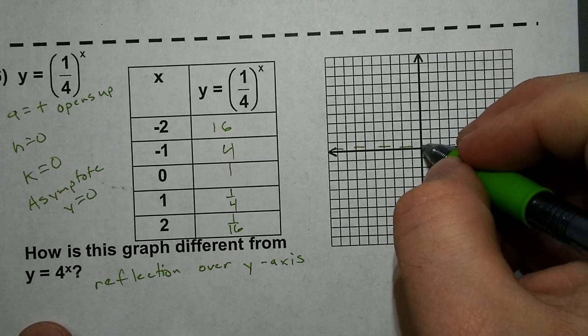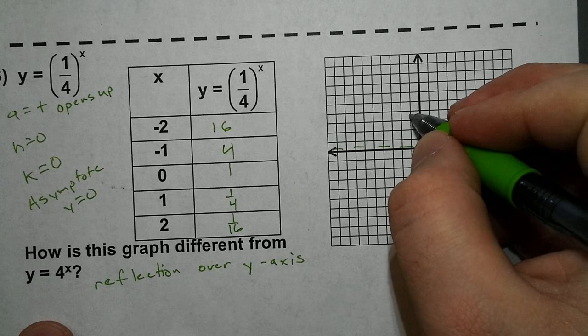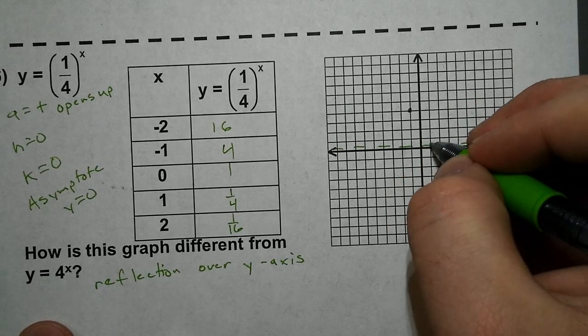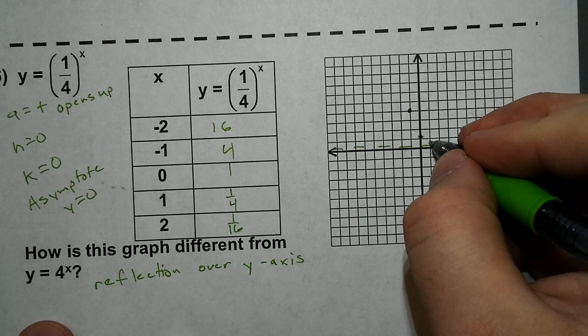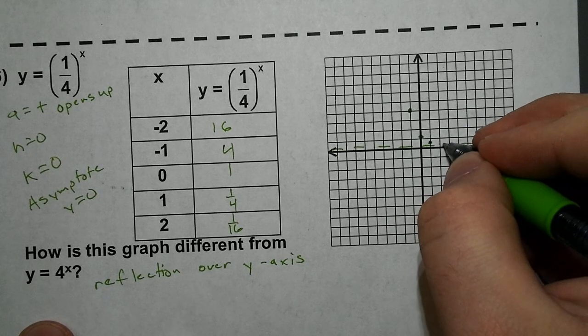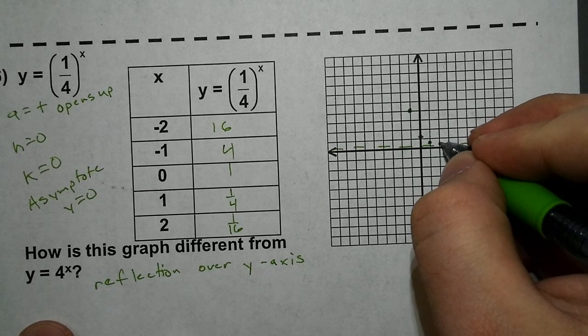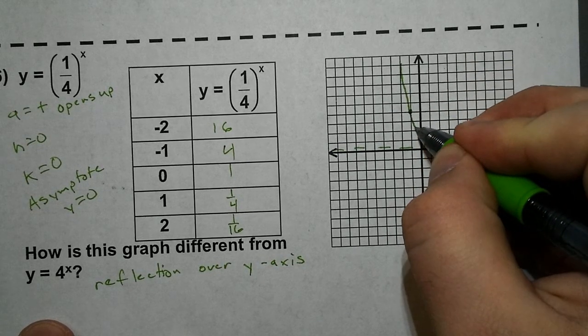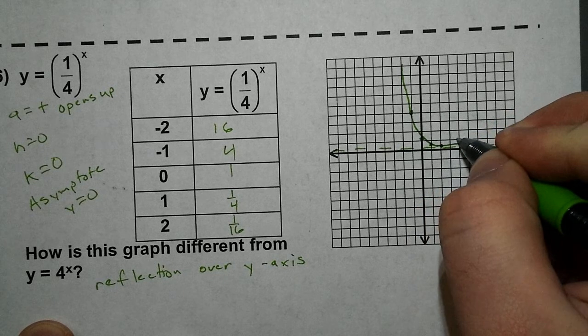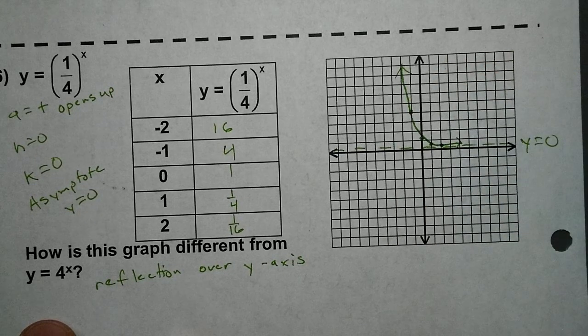So move to your next point, negative 1 up, 1, 2, 3, 4. 0, 1, 1, 1/4, so maybe about right there, and 2, 1/16, so that one should just be lower. So here is our graph, and we got the comparison.